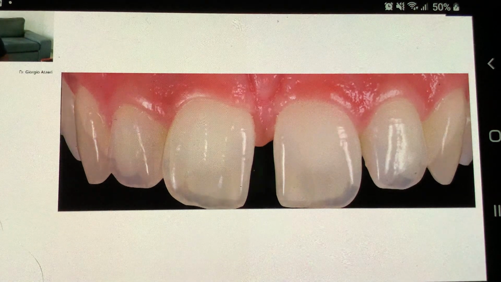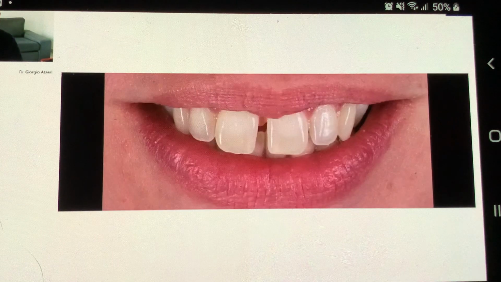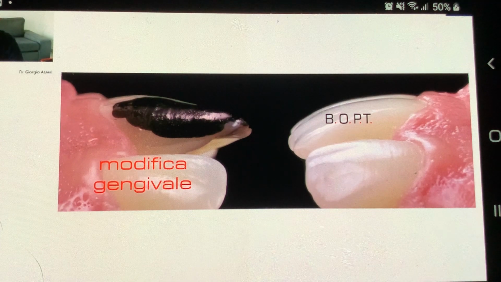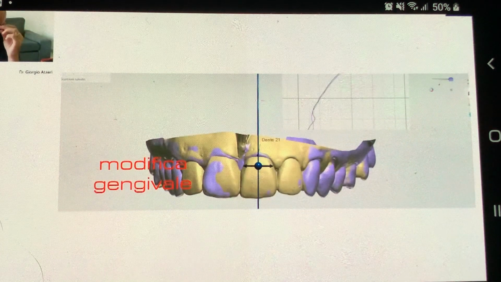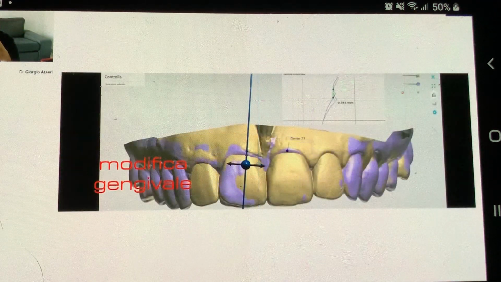This is the initial situation, and this is the situation after the gingival modification. So over time, these changes can be measured. Here we can see almost with the naked eye that there is a thickening, but you can still measure it. In this case, the dark part, the brown part, is the new part.